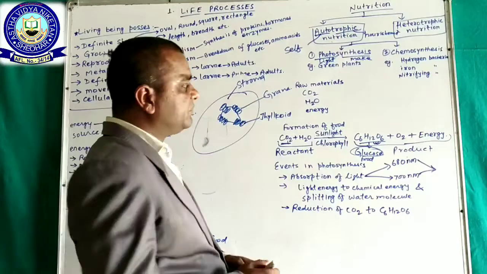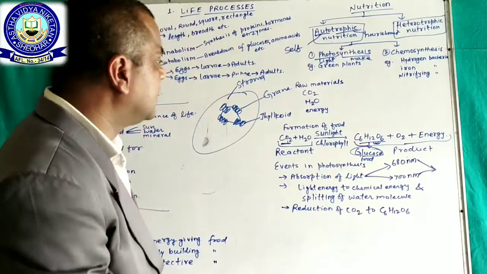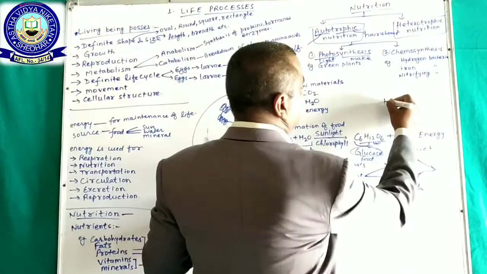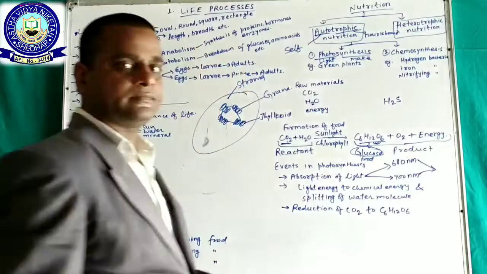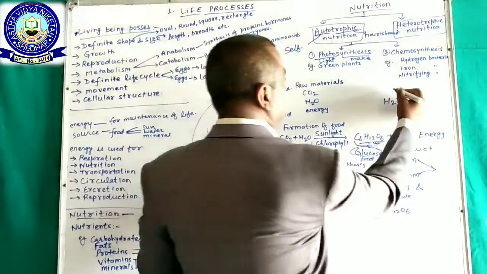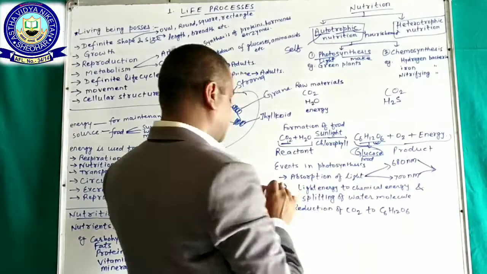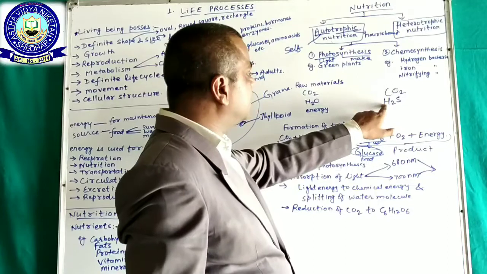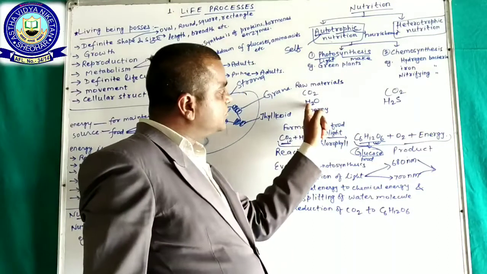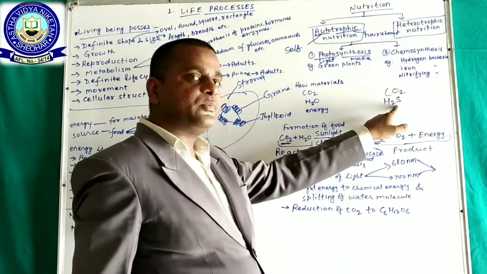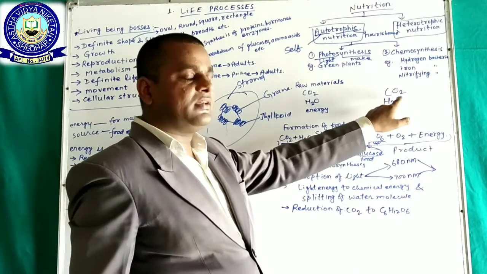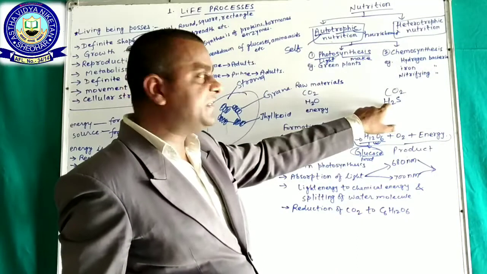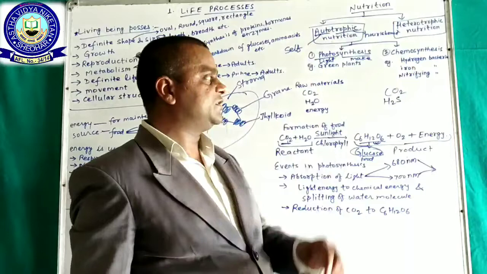So in this, what happens? There is a basic difference: H2S, CO2, H2S. In photosynthesis hydrogen comes from water, and here hydrogen comes from hydrogen sulfide. This is the main difference between photosynthesis and chemosynthesis.